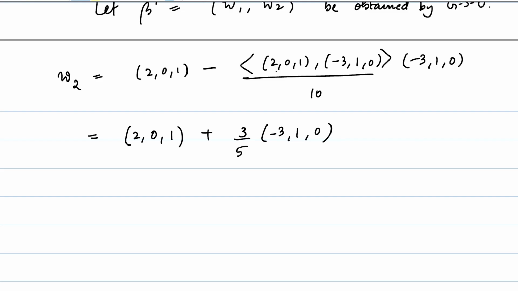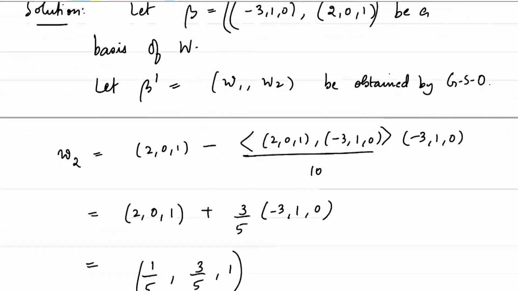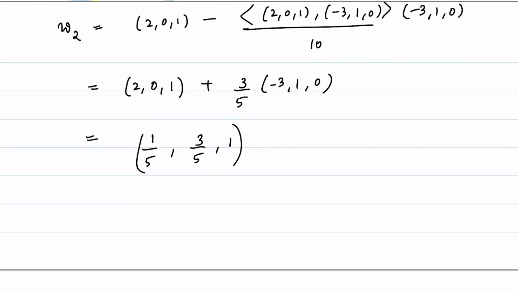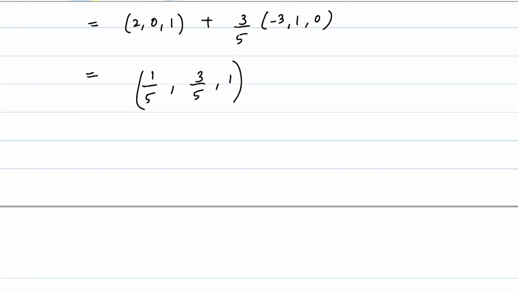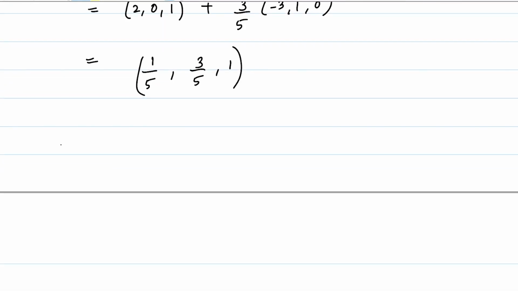Minus 3 into 2 is 6. The other terms don't contribute, so minus 6 by 10 is minus 3 by 5, and minus and minus will be plus. Yes, this is right. So this is equal to (1/5, 3/5, 1). So this is obtained by orthogonalizing W2.